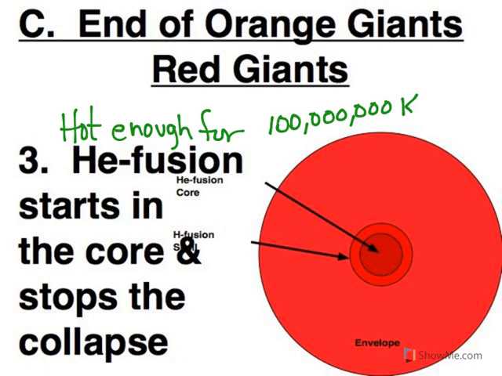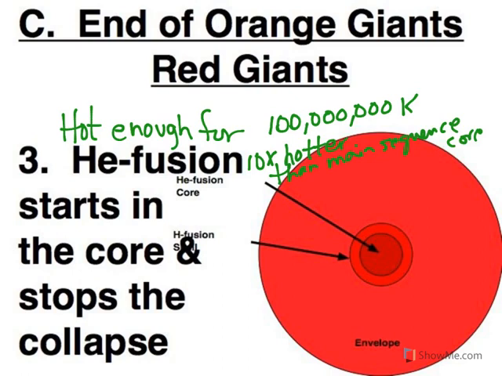Now recall, for the hydrogen fusion, it was 10 million Kelvin. So it's now 10 times hotter than our main sequence. So our core is much, much hotter than it was originally.